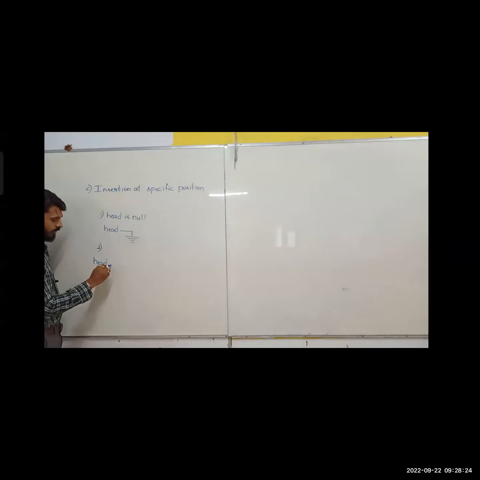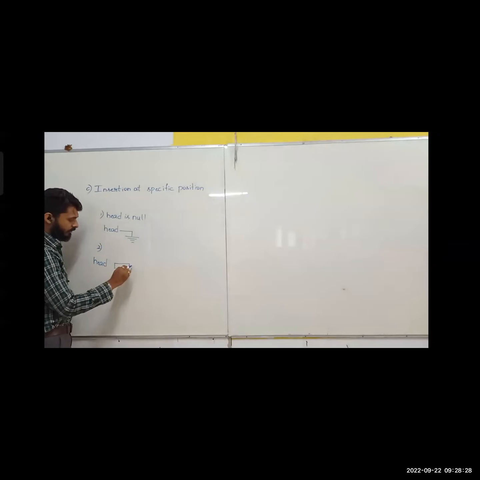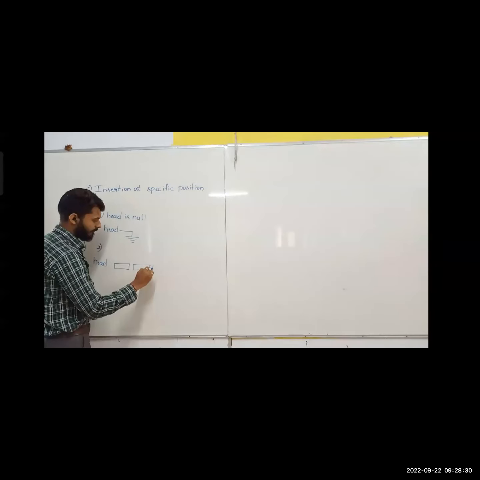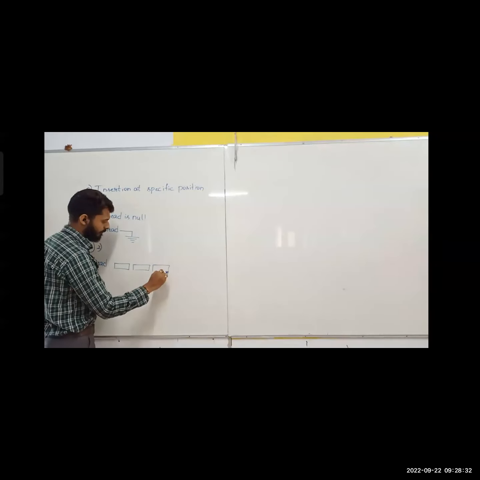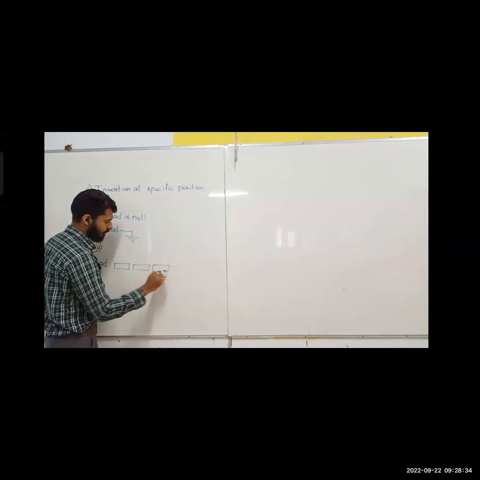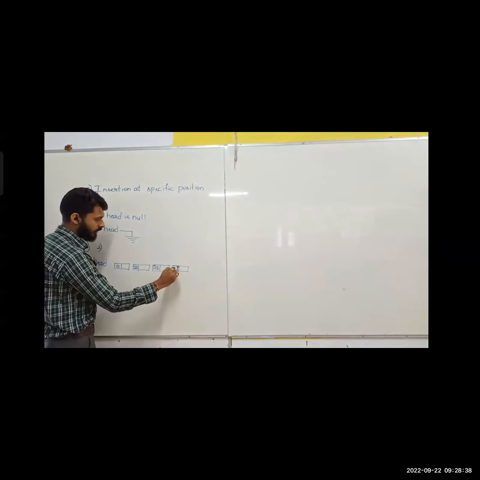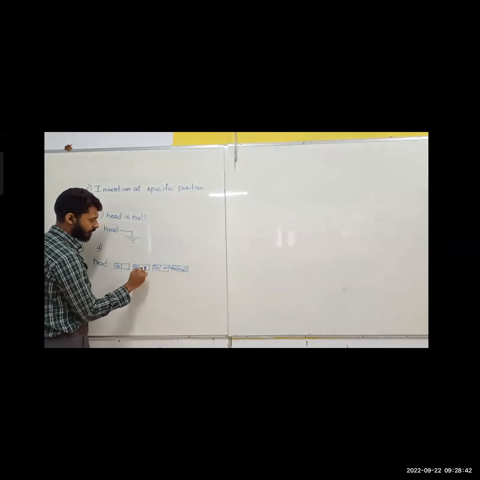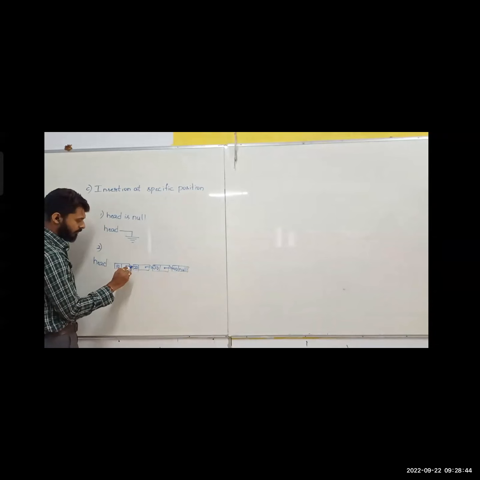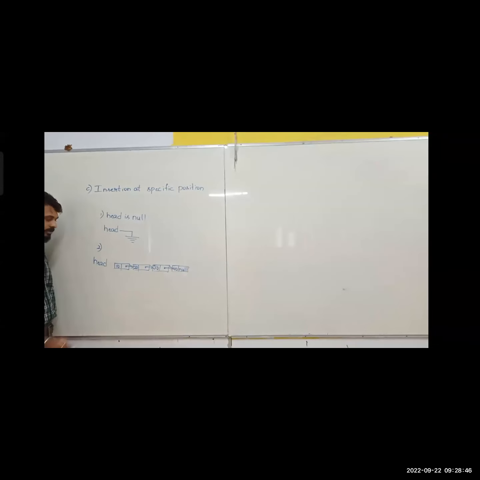It is already having some nodes or elements. Here 10, 20, 30, 40, and here null. Like this. And at last, this one will be pointing to here.